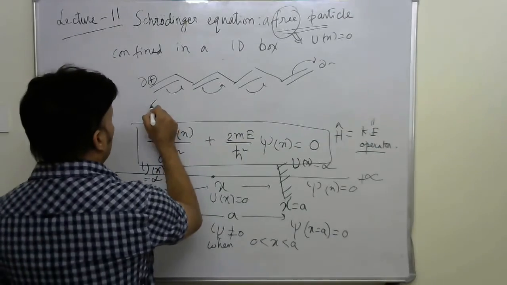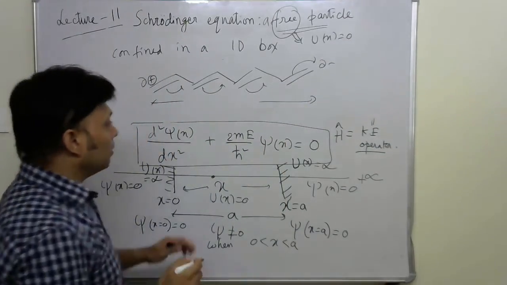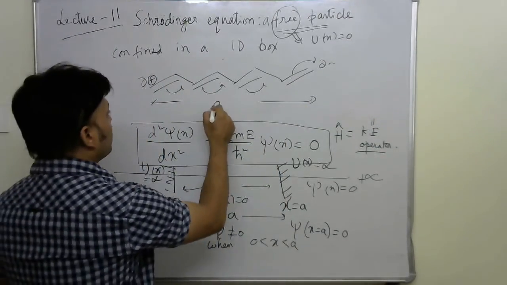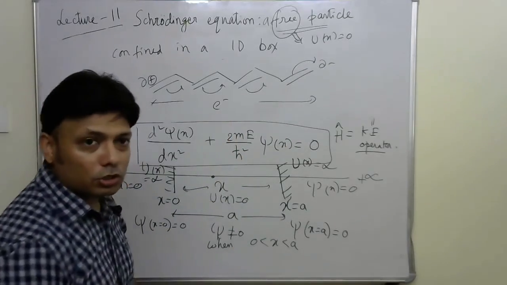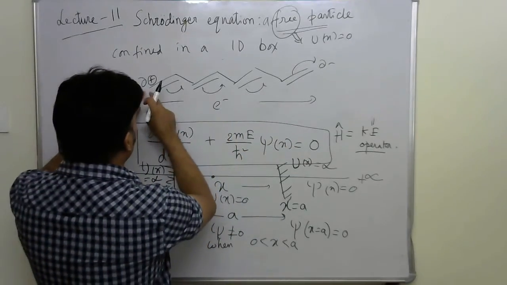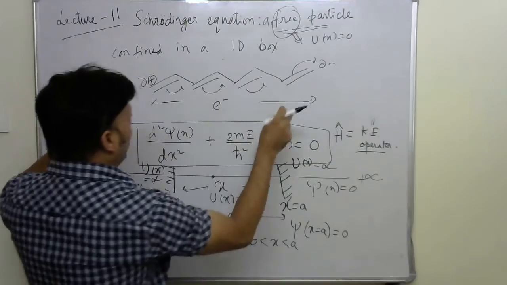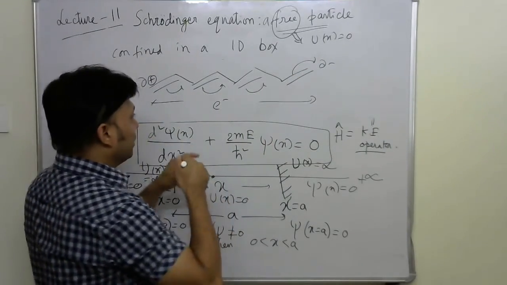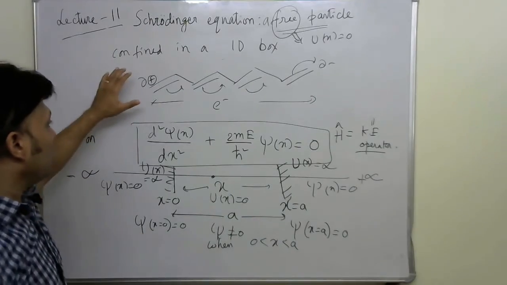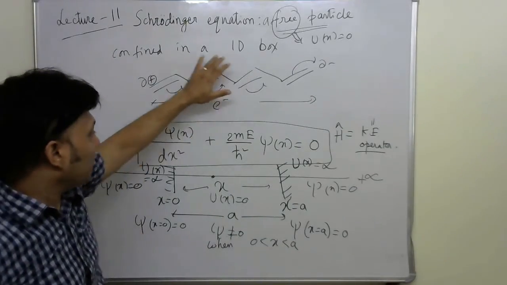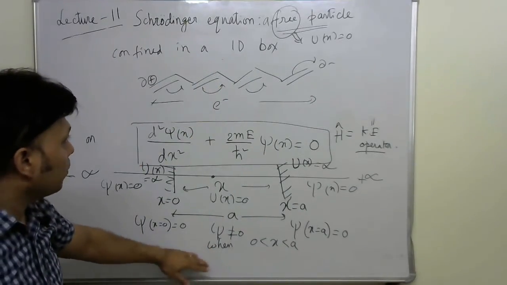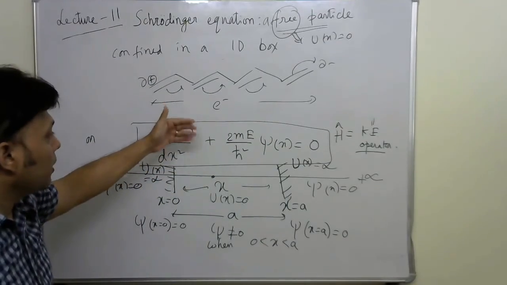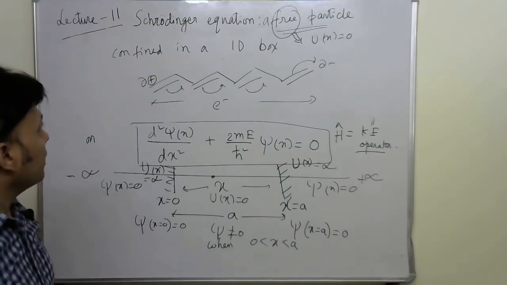So we can think of this system as a particle, meaning an electron, confined in a one-dimensional box. The electron can readily move from this end to that end, supposedly in one dimension, and it is confined here. So let's see whether this kind of system can be defined by this and whether we can solve for its energy.